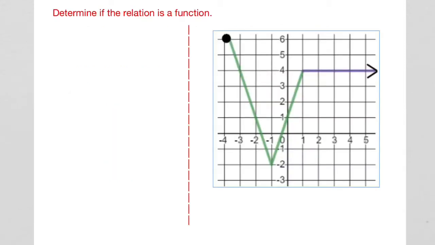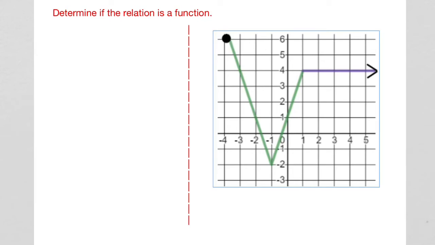So let's take a look at this one. It says determine if the relation is a function. I already have my vertical line here ready to go, and now I'm going to scan this graph with the vertical line starting from left to right, and I have to make sure that this line is only hitting the graph at one particular spot.